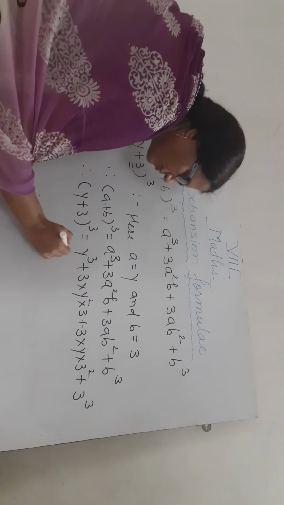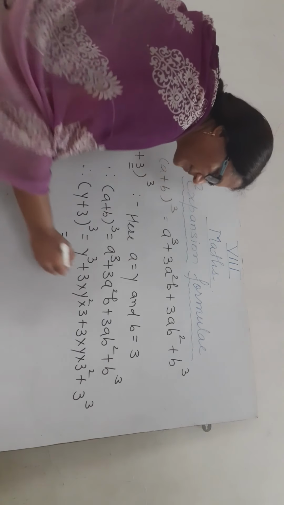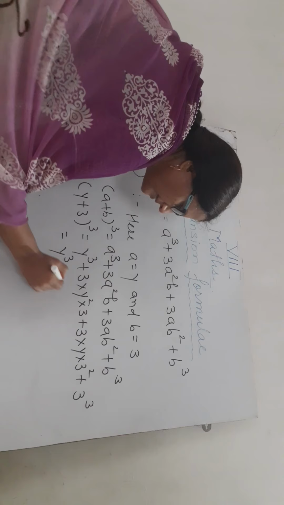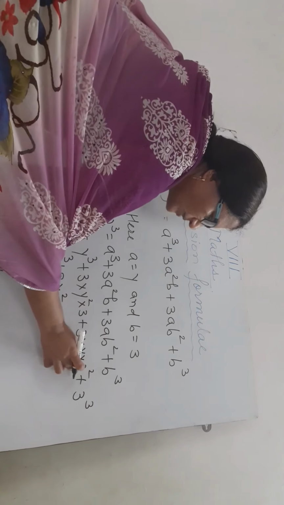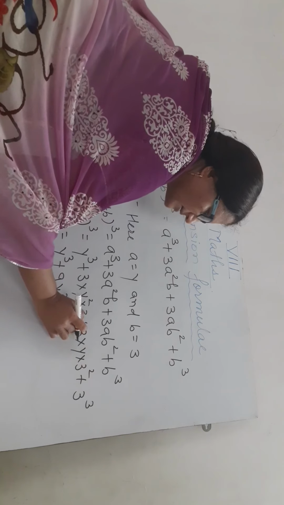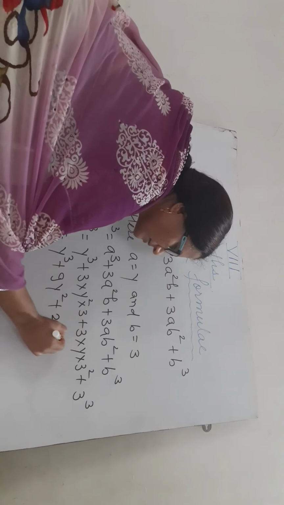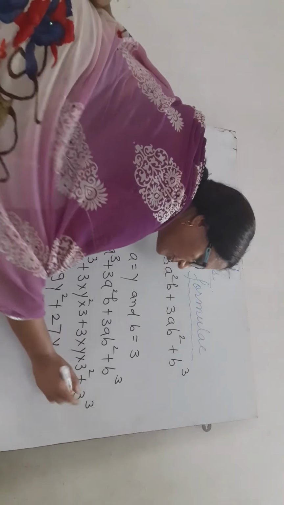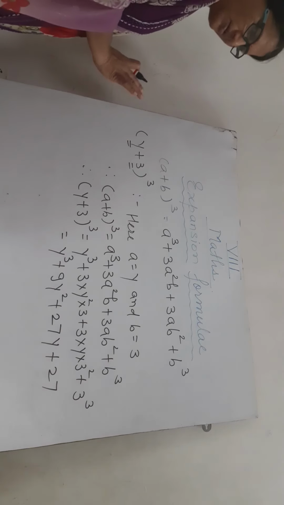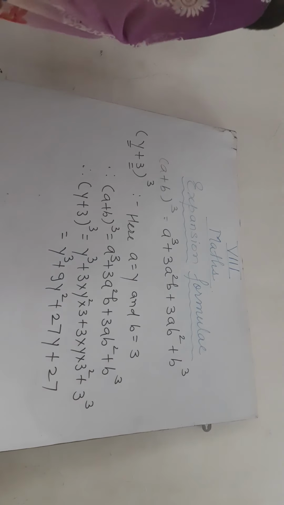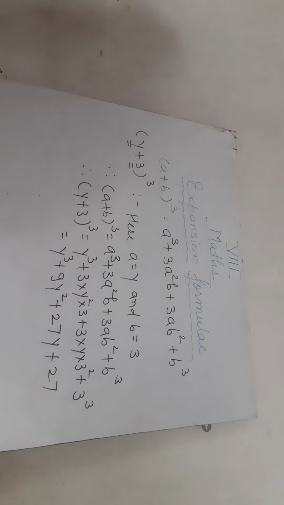Is equal to y cube plus 3 3s are 9 y square plus 3 square is 9, 3 9s are 27 y plus cube of 3 is 27. Understood? This is the expansion of (A plus B) whole cube. Like this, one more example we can see now.